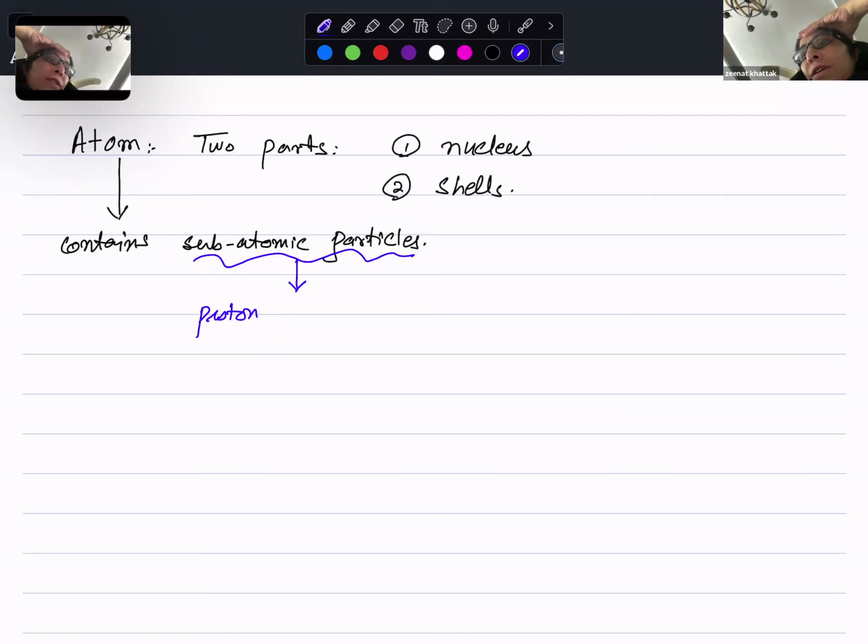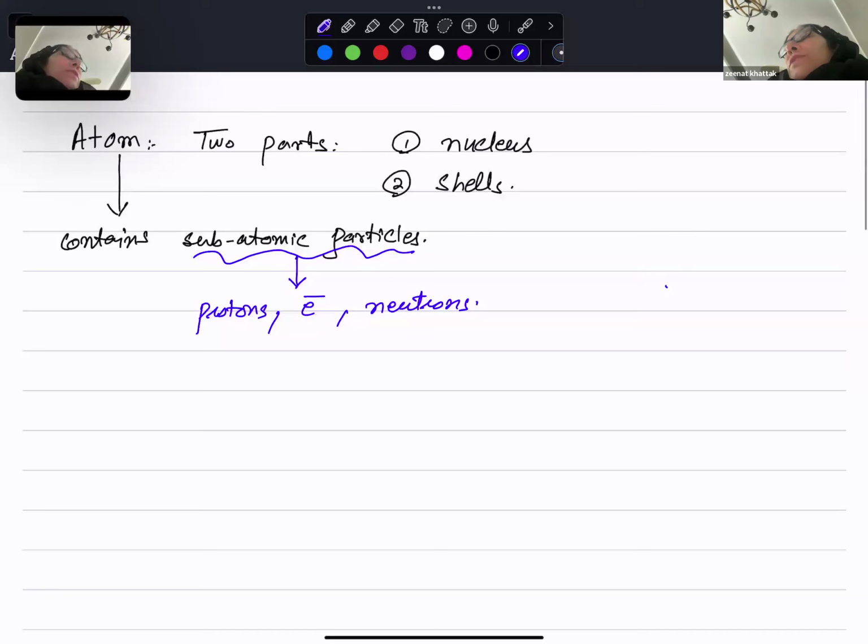Protons, electrons, and neutrons. Now, next point. This is the nucleus containing proton and neutron, and these are what? Shells.